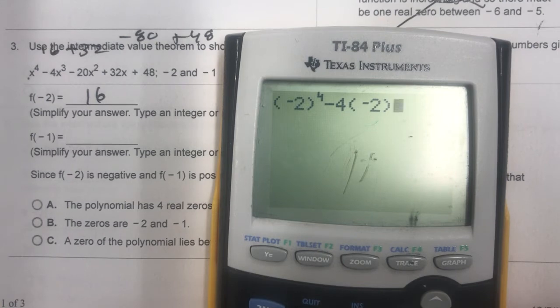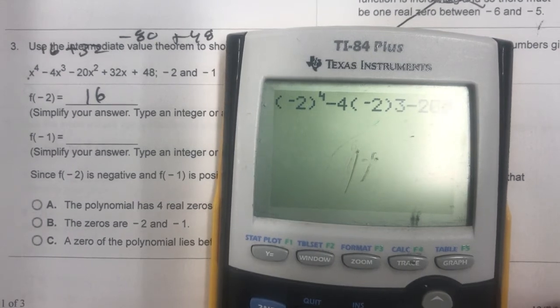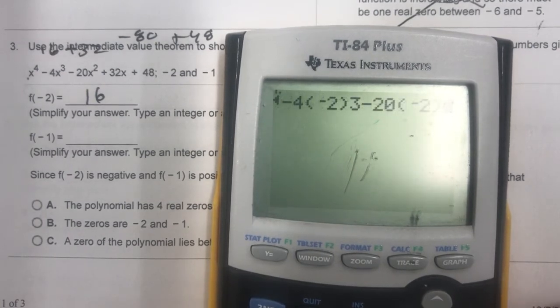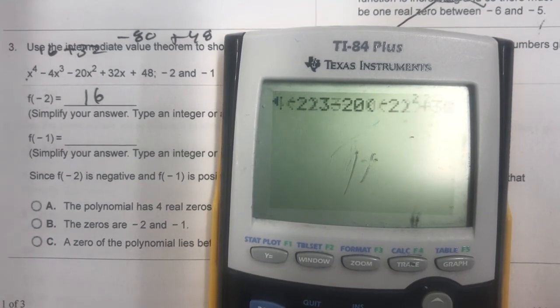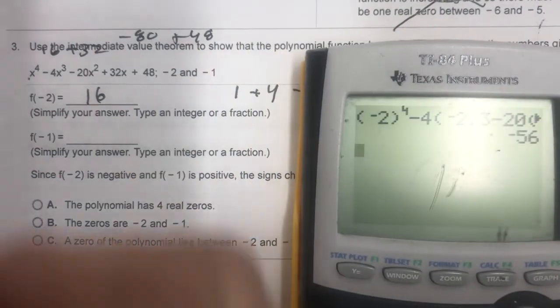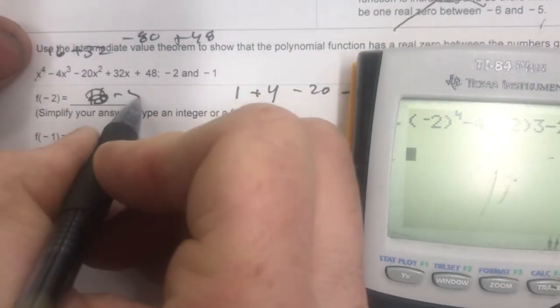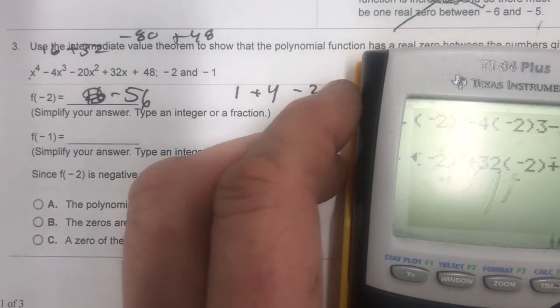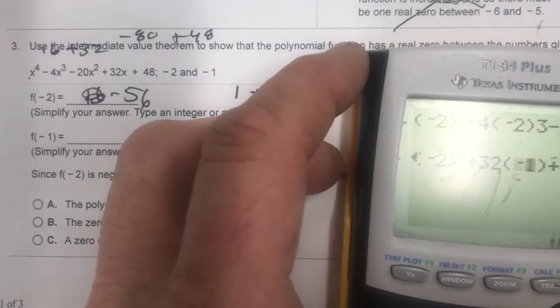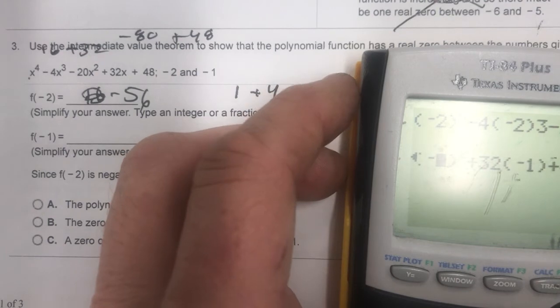Third power minus 20 times negative 2. You can fast forward through this if you want to. Squared. And negative 56. Yeah, I made a mistake on that one. And then if I go change those to 1s, it's early.